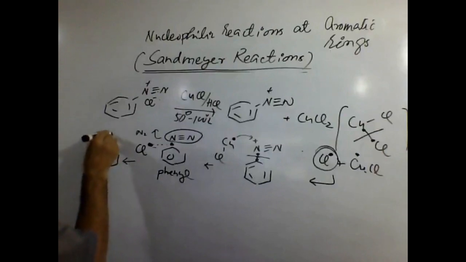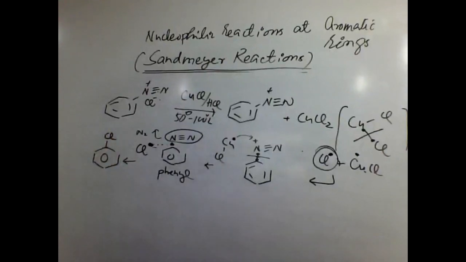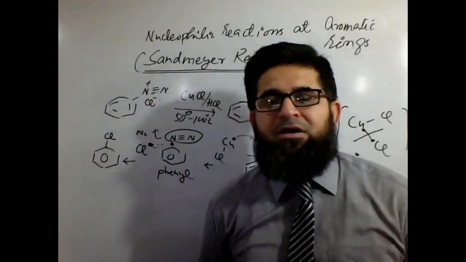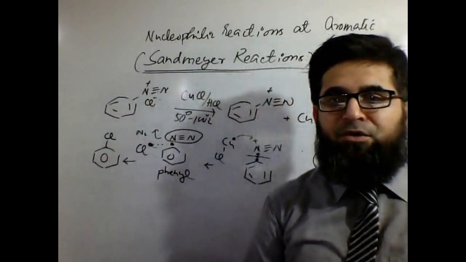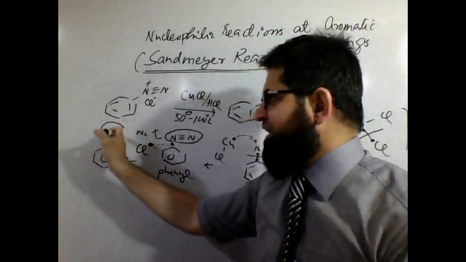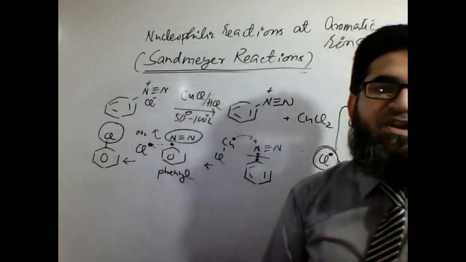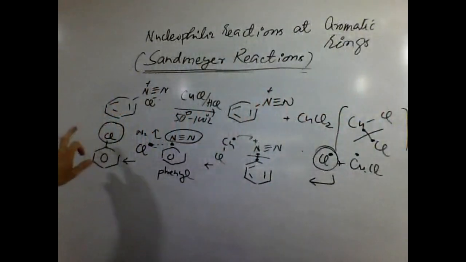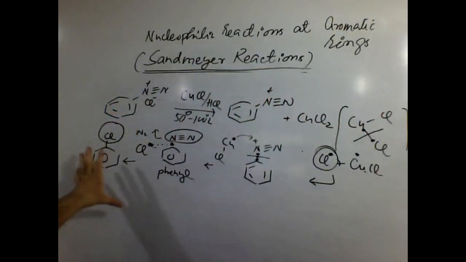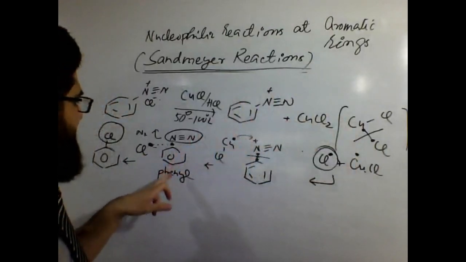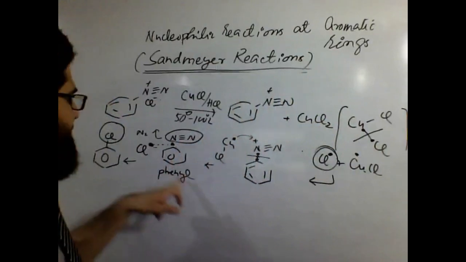In fact, this is how the final product is received, where benzene has undergone a nucleophilic substitution. Why nucleophilic? Because a nucleophile has been implanted on benzene. So this is how the Sandmeyer reaction proceeds. This is the one way where benzene is supposed to become a phenyl radical before the formation of the final product.